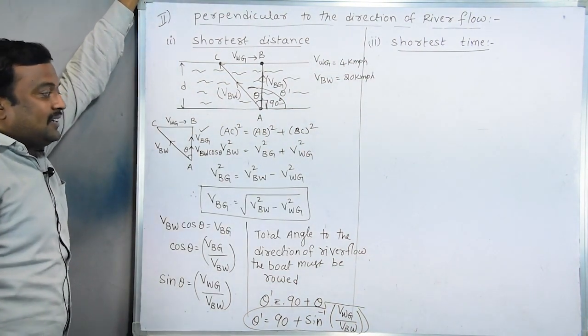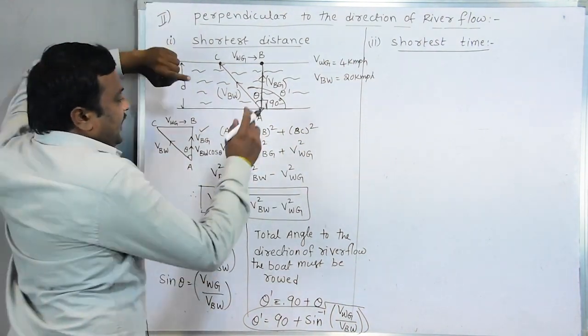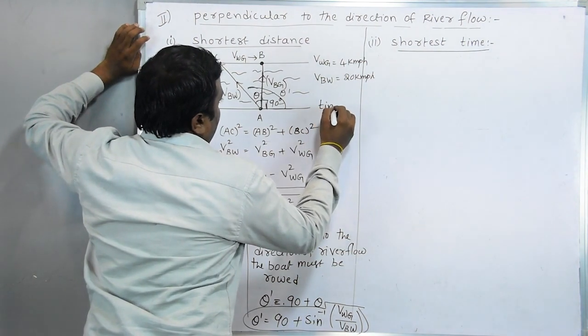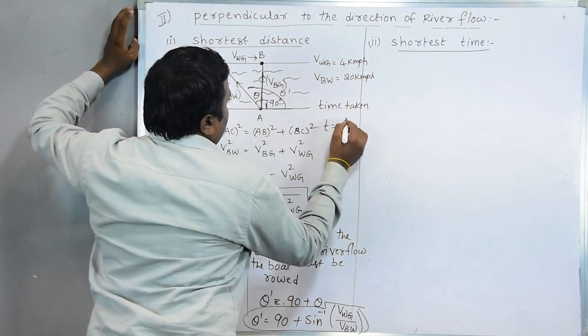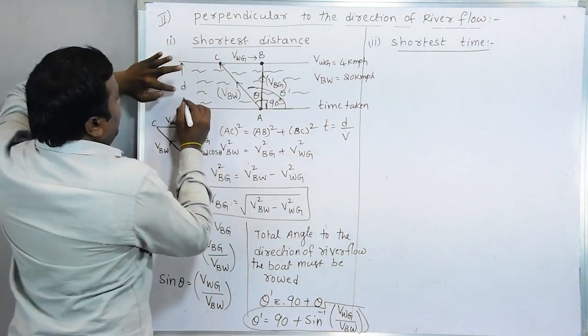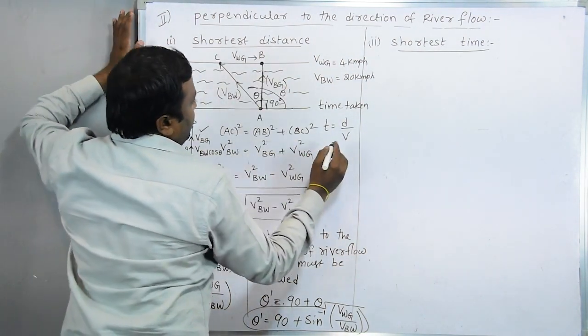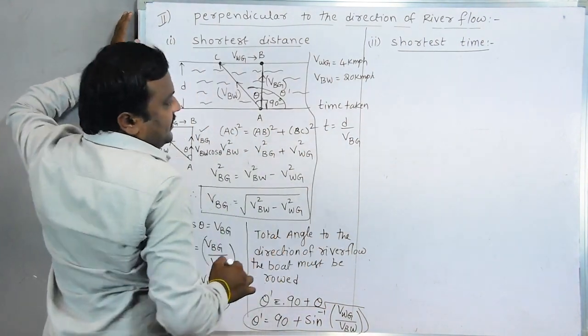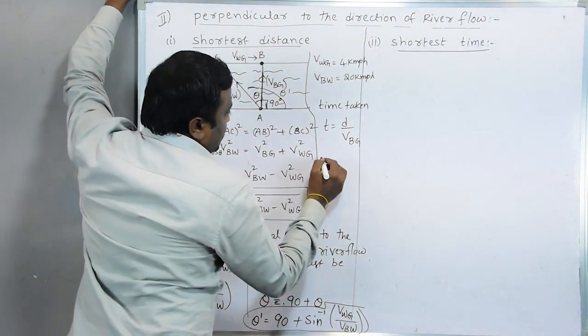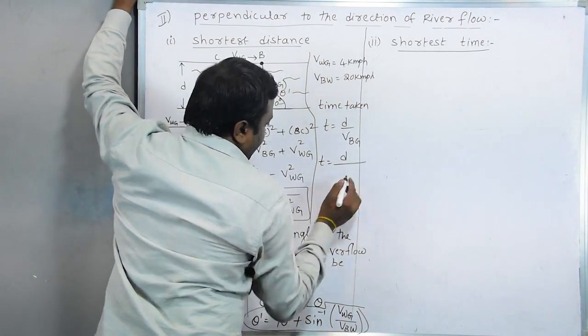What is the time taken, it is also possible to find here? Time taken is nothing but T equal to D by V, D divided by the parallel velocity, this one V_BG. Time taken to reach the exact opposite bank, so T is equal to D by V_BG.